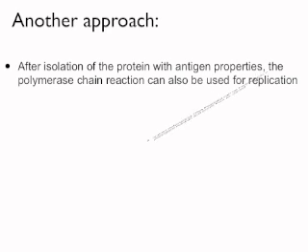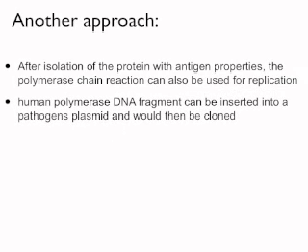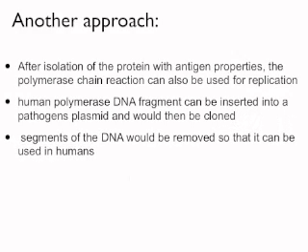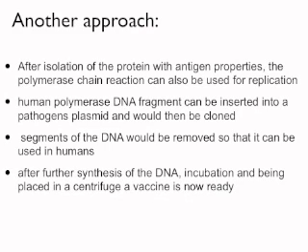Another approach of reverse vaccinology just uses plasmids. After isolation of the protein with antigen properties, the polymerase chain reaction is used for replication. A human polymerase DNA fragment is inserted into a pathogen's plasmid and would then be cloned. Segments of the DNA would be removed so that it can be used in humans.